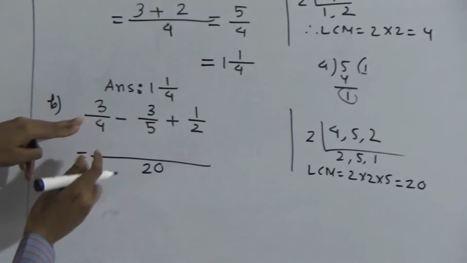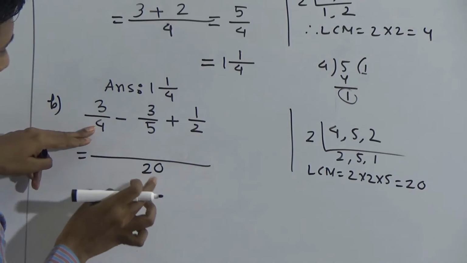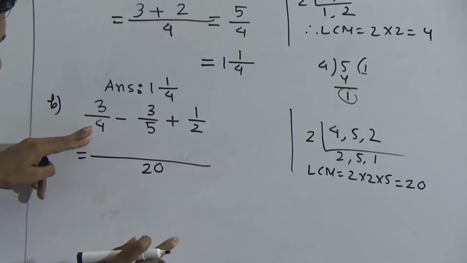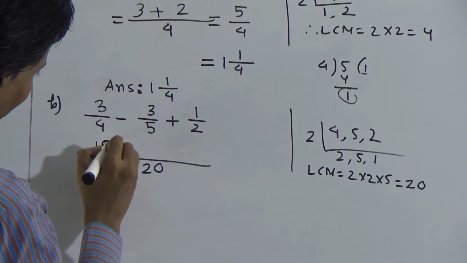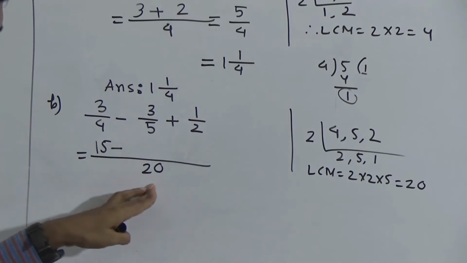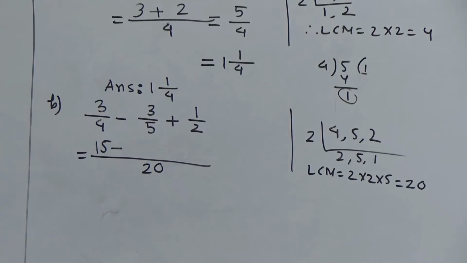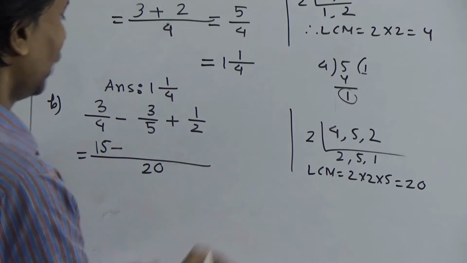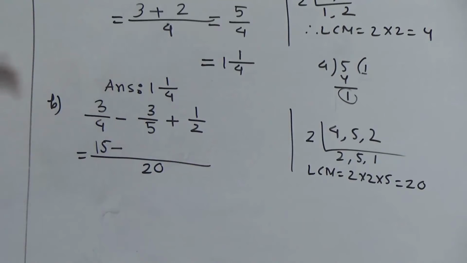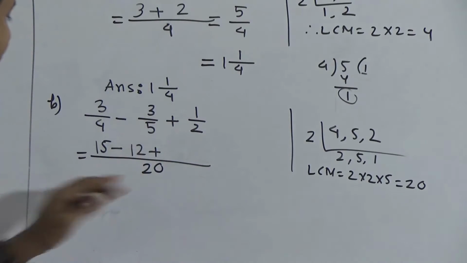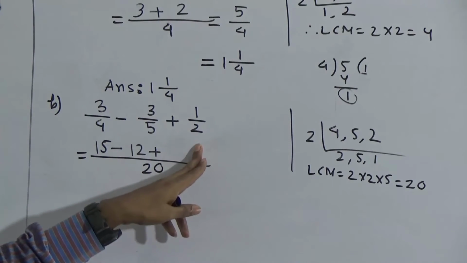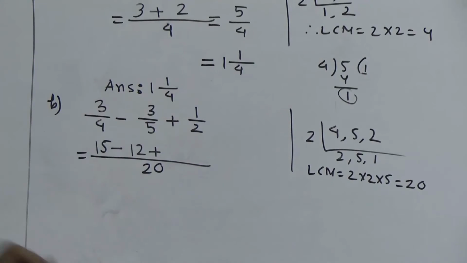The same case, you divide 20 by 4, then you get 5 and multiply with 3. 5 threes are 15. Minus, you divide 20 by 5, then you get 4 and multiply with 3, then you get 12. Plus, you divide 20 by 2, then you get what? 10. 10 ones are 10.